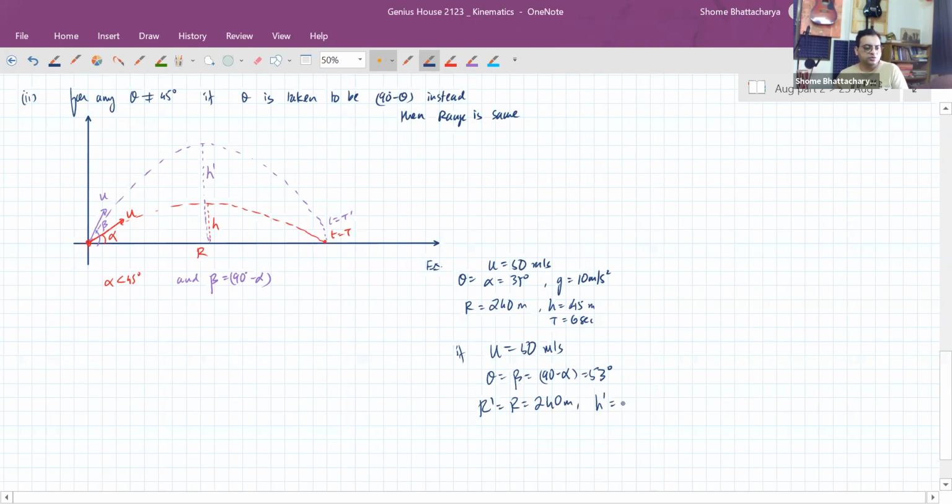So it's 40 square by 20. So it will go up to a height of 80 meters. And the time of flight will similarly change to 8 seconds. But the range will be the same. That R prime is equal to R because beta was equal to 90 minus alpha.